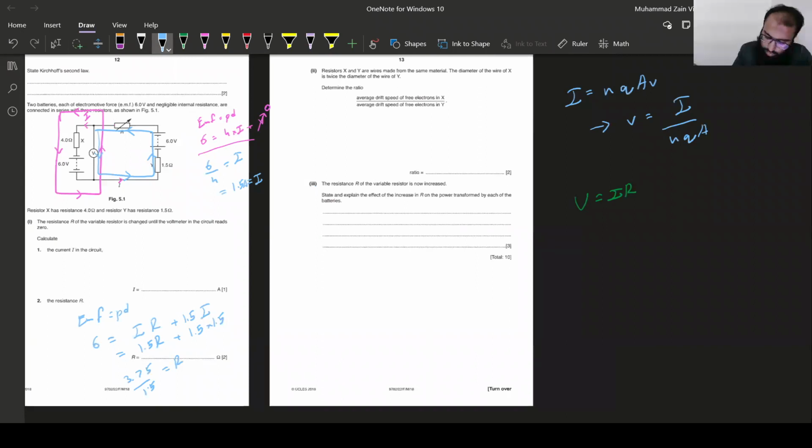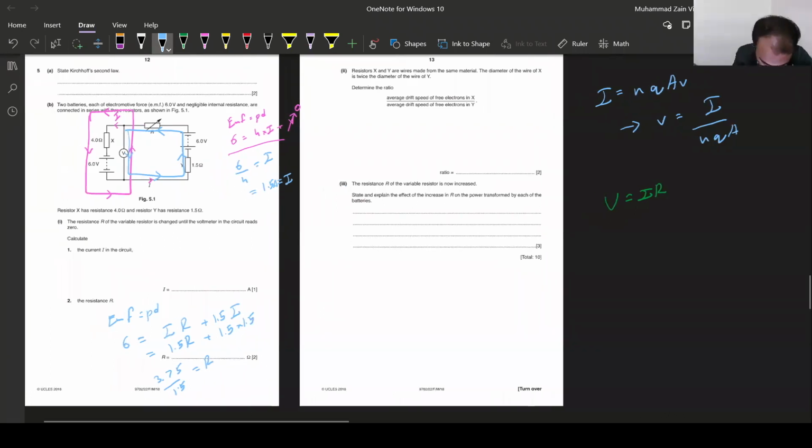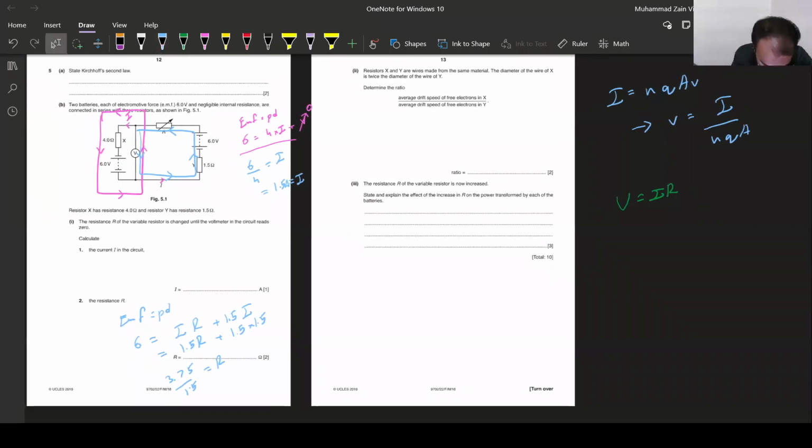Now, the next thing I do is I just use this and I make some substitutions.